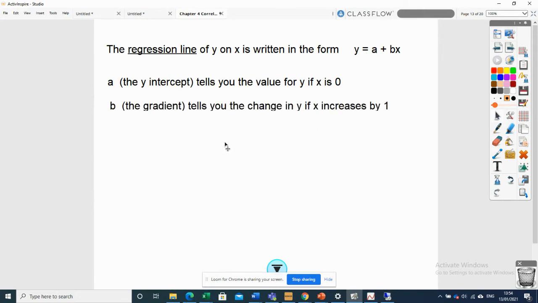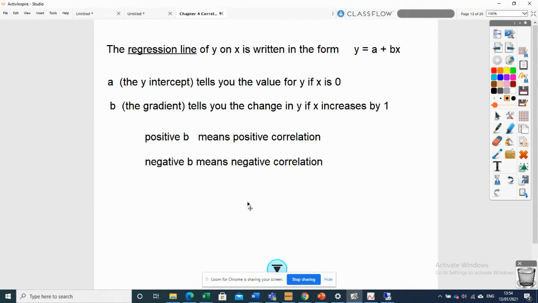The other unknown is b, and that's the gradient, and this tells you the change in y if x increases by 1. So if b was positive, that would mean the correlation is positive. And if b was negative, that means the correlation would also be negative.